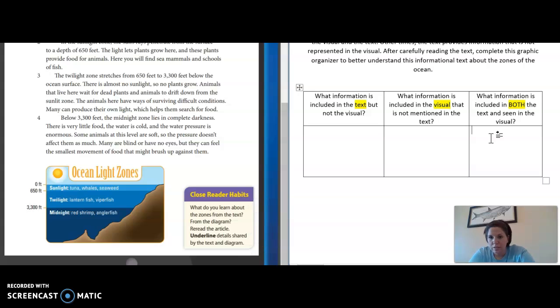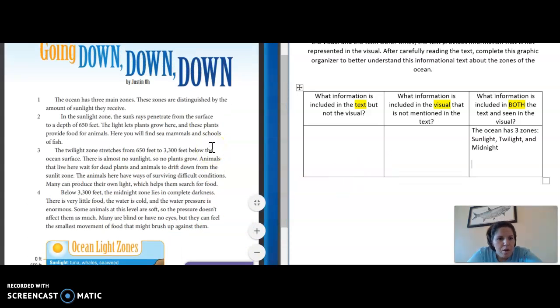So in the portion of the graphic organizer for information included in both, the ocean has three zones, and they are sunlight, twilight, and midnight. Naming those three zones was mentioned in both the text and this visual.